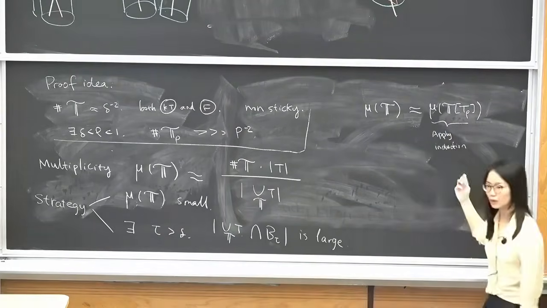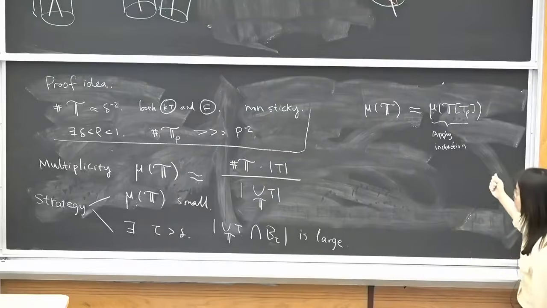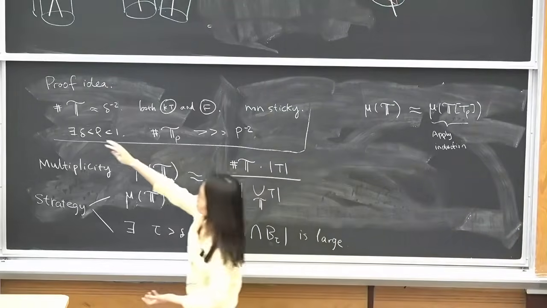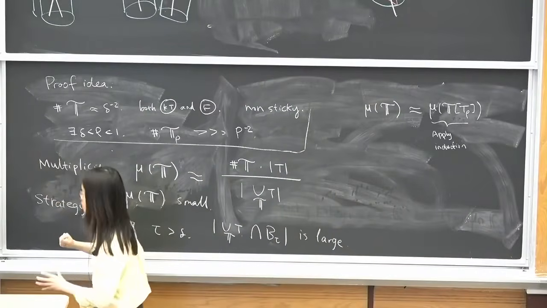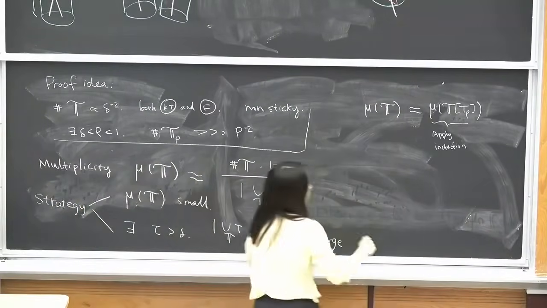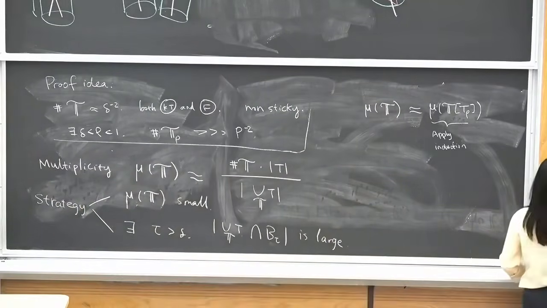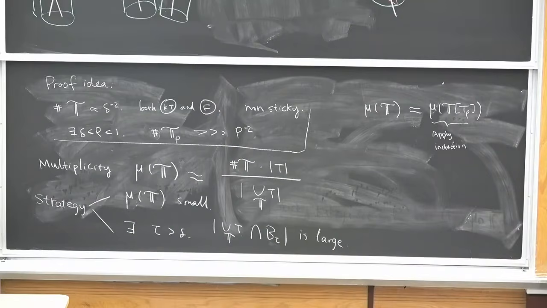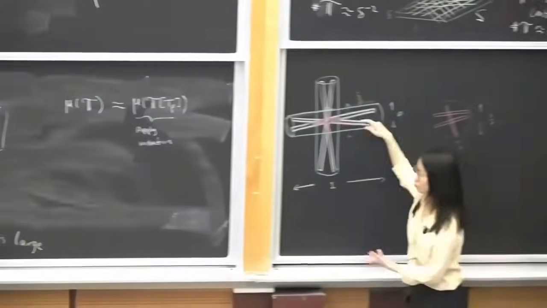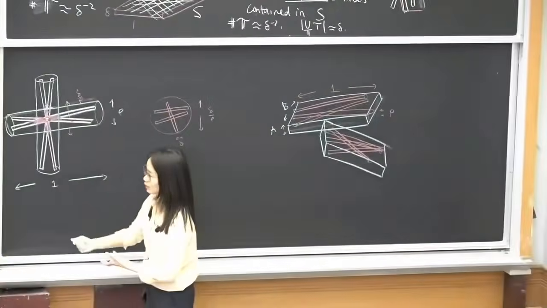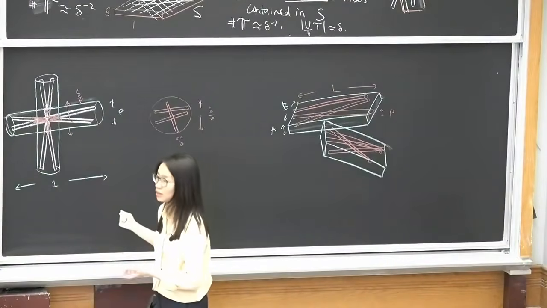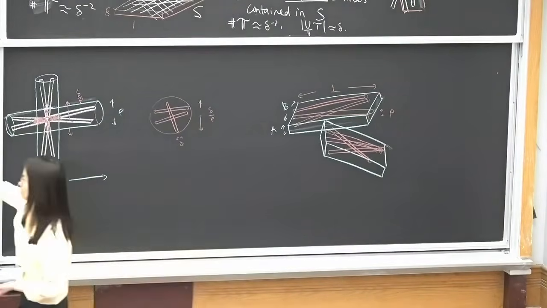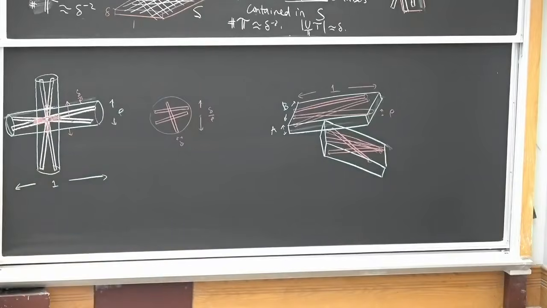The reason why we can apply induction is because this Cat-Wolf axiom is preserved if we restrict to thin tubes in a thick tube. So if we just restrict to a subset of the tubes, if it obeys the Cat-Wolf axiom, then it still obeys the Cat-Wolf axiom. So for this term, we can apply induction.